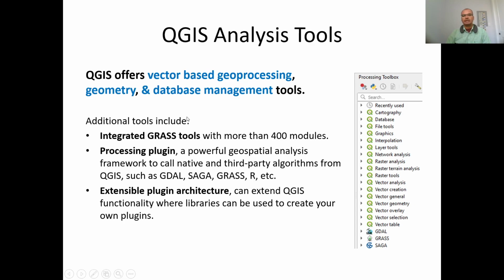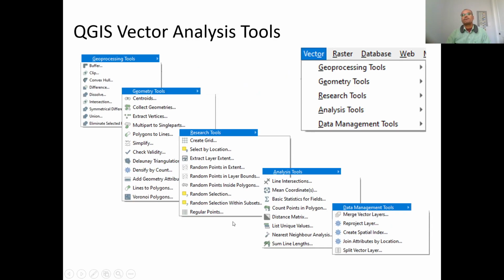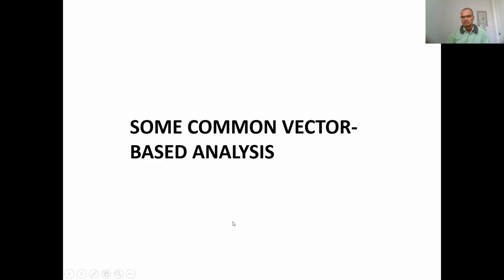QGIS also offers many vector-based geoprocessing tools, and one advantage of QGIS is that it offers an extensible plugin architecture, where you can connect external libraries into QGIS, create your own tools, and perform many geoprocessing tasks. Some of the vector analysis tools of QGIS are powerful, and may not be possible with other software.